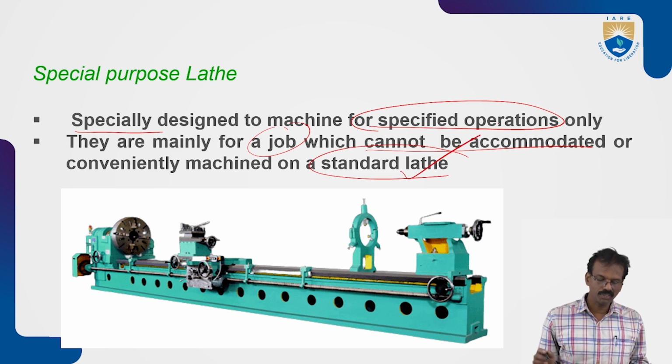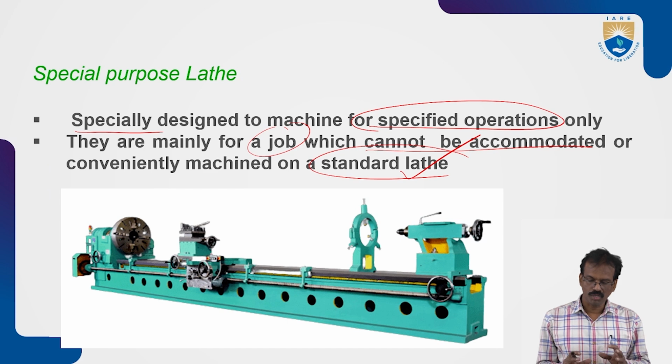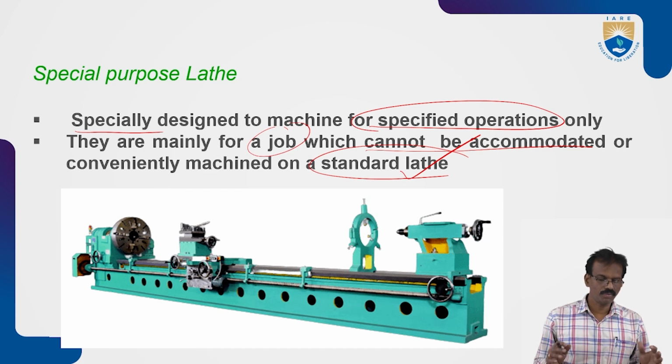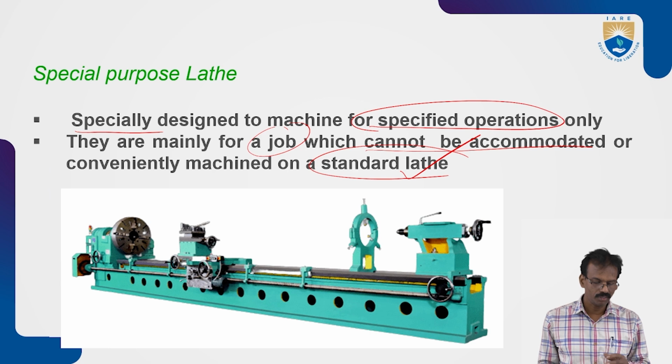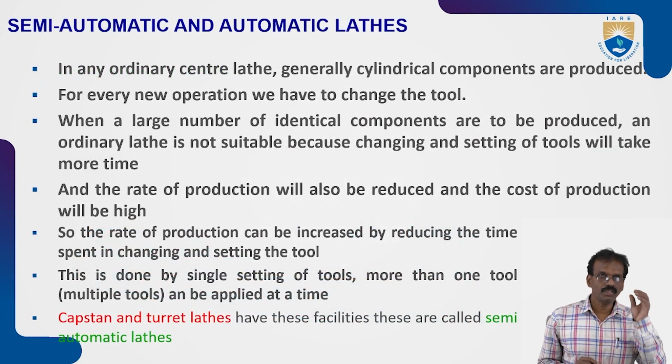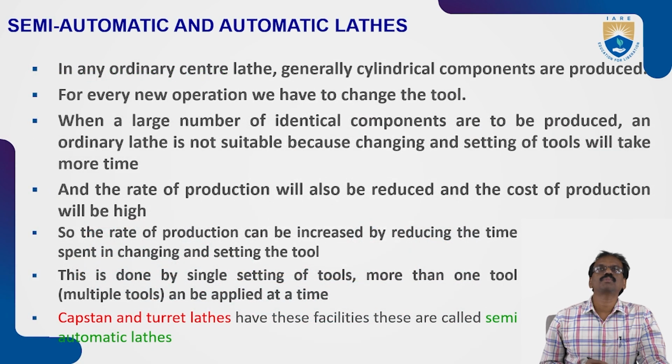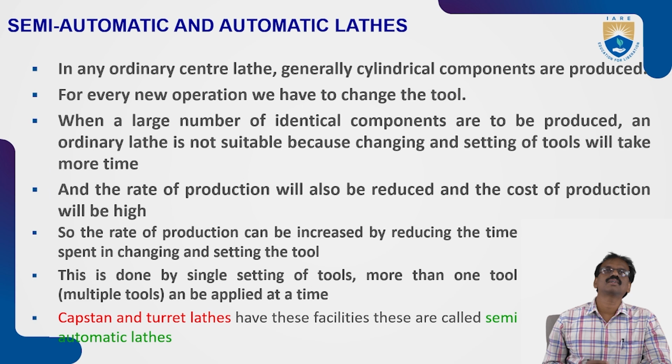So for those types of jobs, special purpose machines are designed to perform different machining and turning operations on differently sized workpieces. Next one is the semi-automatic and automatic lathes. We'll see what the difference is between the semi-automatic and automatic lathes.